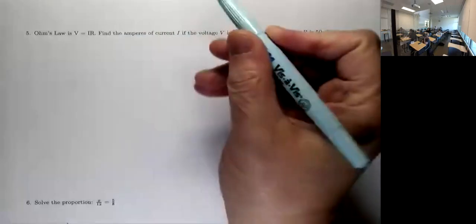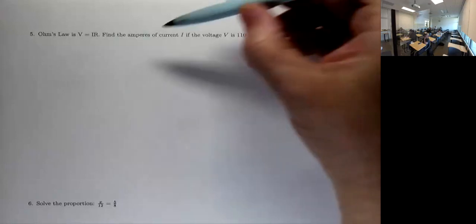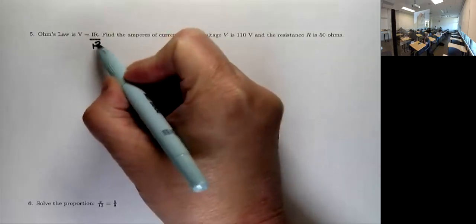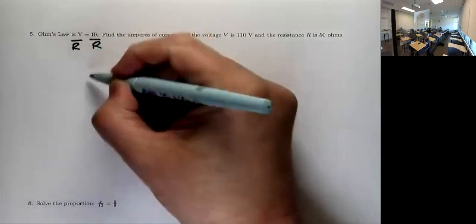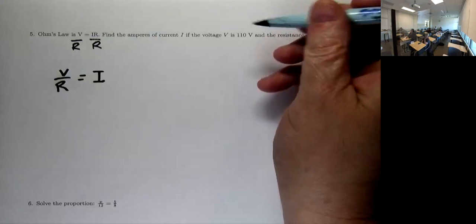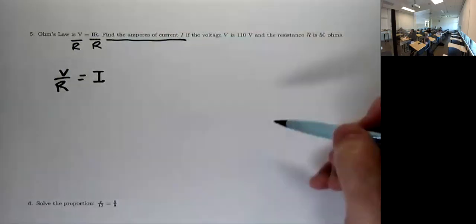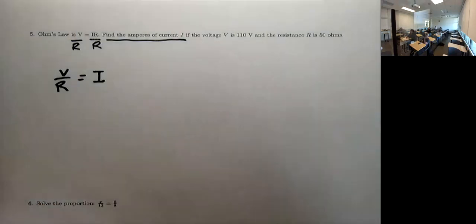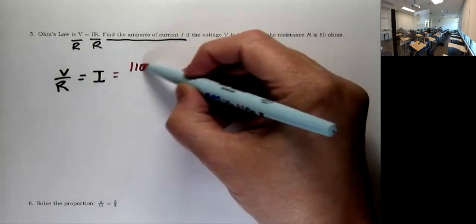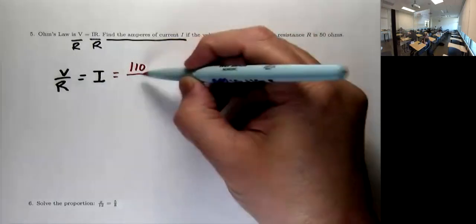Ohm's law is voltage equals current times resistance. And so if we want to find the current I, we can divide both sides of this equation by R, and you get I equals V over R. Because it says find the current, that's what inspired me to do the I. It says V is 110 volts and R is 50 ohms.